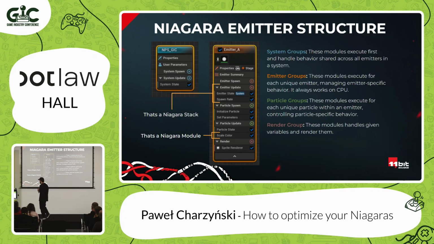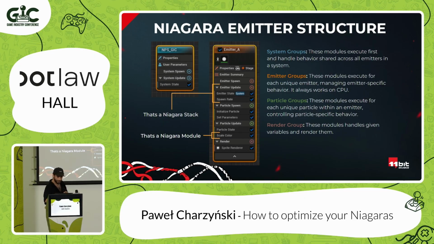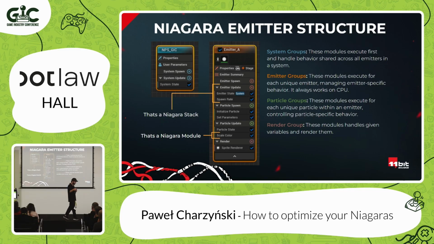Emitter spawn ticks only once at the spawn of the system. It's really important to know that we can't update those variables across the lifetime of the whole emitter because it only takes once. So it's the best way to put some variables there that won't change across the system.